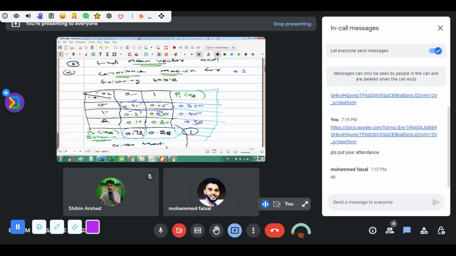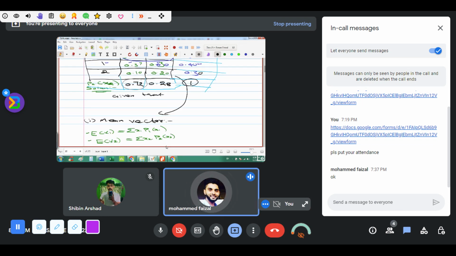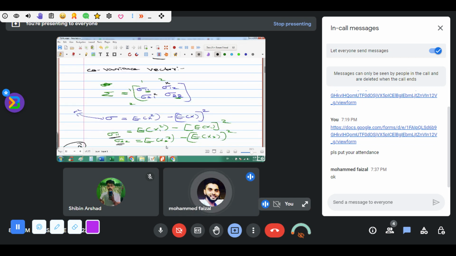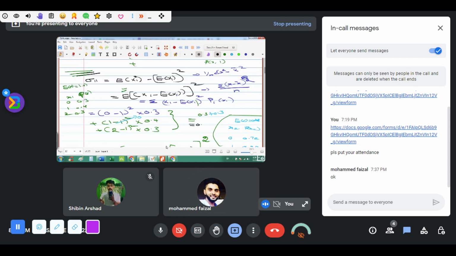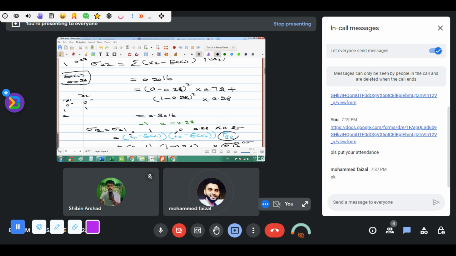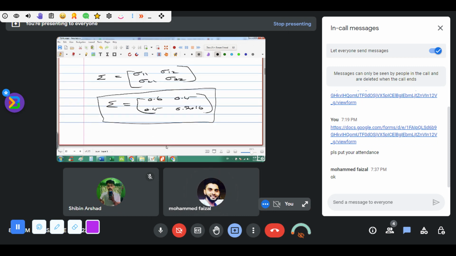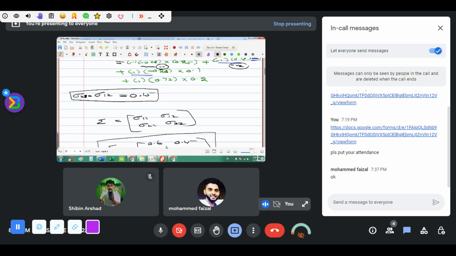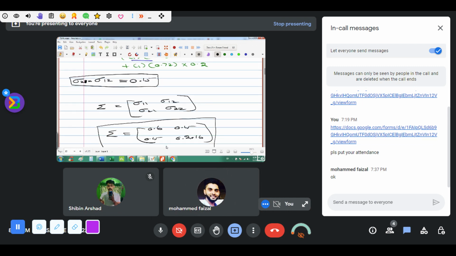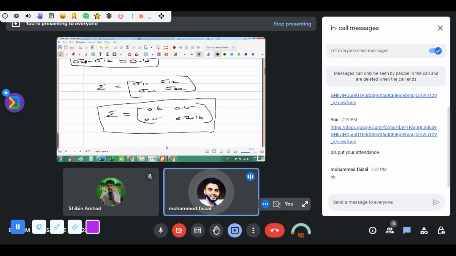In the last 5 or 6 years this has been repeated, with some values the same. One problem on this concept is there in your university question paper. I have given one homework problem. Any doubt in what I explained? No doubts.